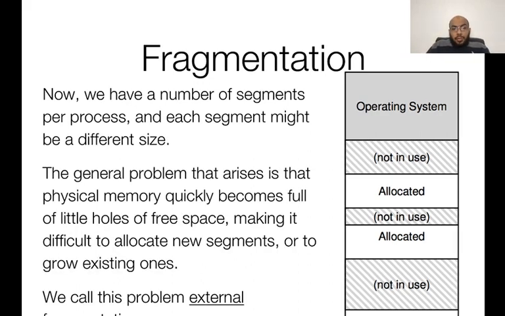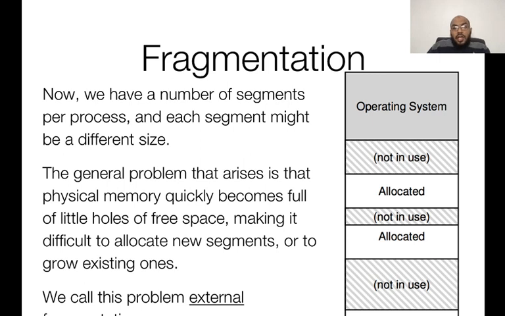Okay, the general problem that arises is that physical memory quickly becomes full of holes. Basically, you get a couple of kilobytes here, 1 kilobyte here, 100 kilobytes there, 20 kilobytes here. So this is what we have been discussing, and we already called it external fragmentation.